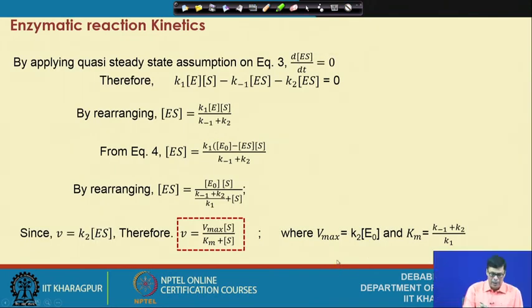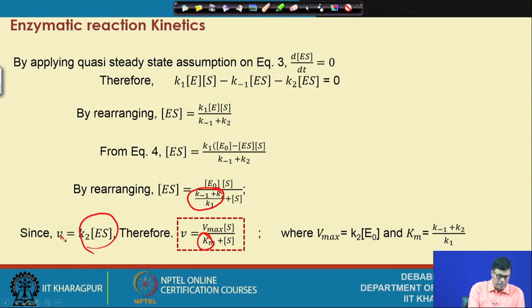Now, finally they have derived this equation, and this is simple. I hope you can all calculate this. This is shown here, how it is done. And what I want to point out is that this value, k minus 1 plus k2 by k1, is equal to Km, and another thing is that k2 into E0 is called Vmax.